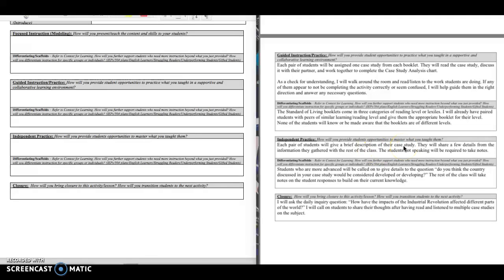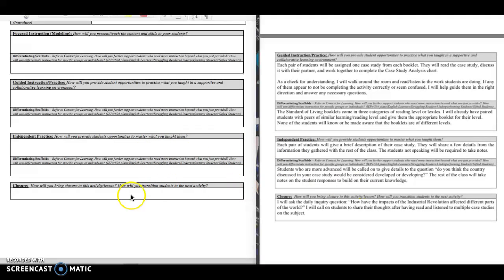They will share a few details from the information they gathered with the rest of the class. The students not speaking will be required to take notes. So she really incorporates all of the students. If the students aren't comfortable speaking in front of the group, she makes sure that they're involved by taking notes and making sure that they have checks for understanding as well.